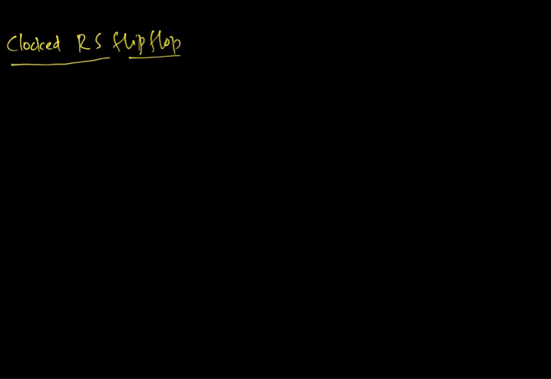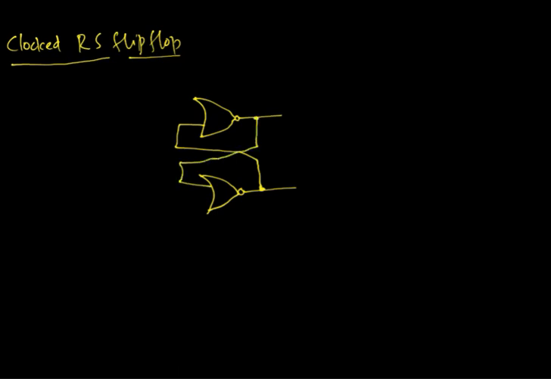So the circuit of a clocked RS flip-flop is like this. The two NOR gates which form the latch are there. One of the inputs to each NOR gate is the output of the other. That is common for all of them.